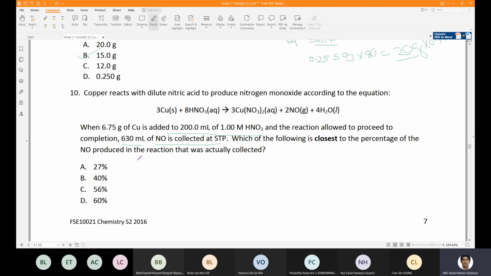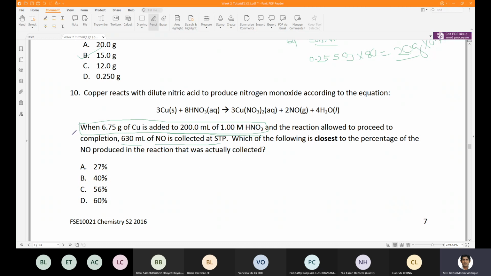So when 6.75 grams of copper is added with 200 milliliters of 1 molar nitric acid, from here, what do you understand? Can you find the number of moles? Because that is the only important thing, right? So repeat after me: the number of moles is important, not the milliliter or gram or volume.